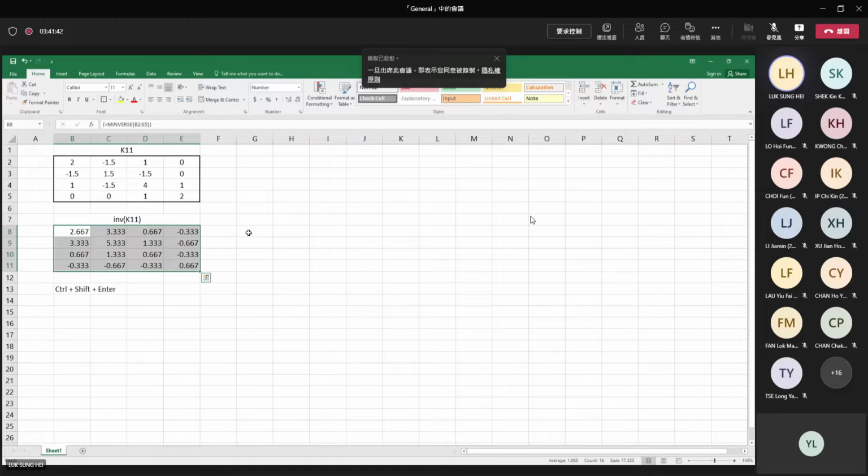Then how to use it to find out our unknown displacement. We have one equation, right? QK equal to K1 times du.